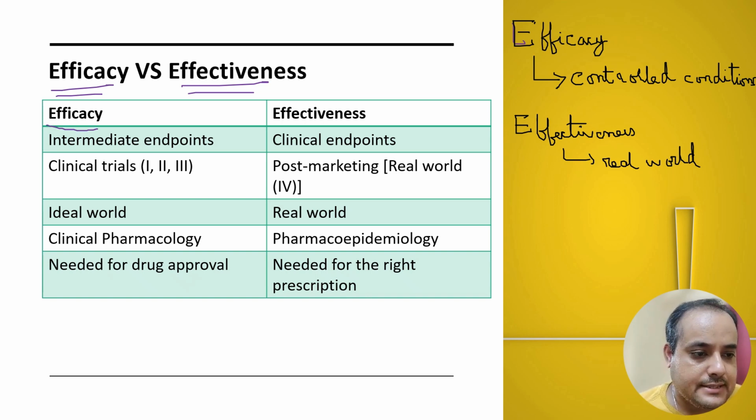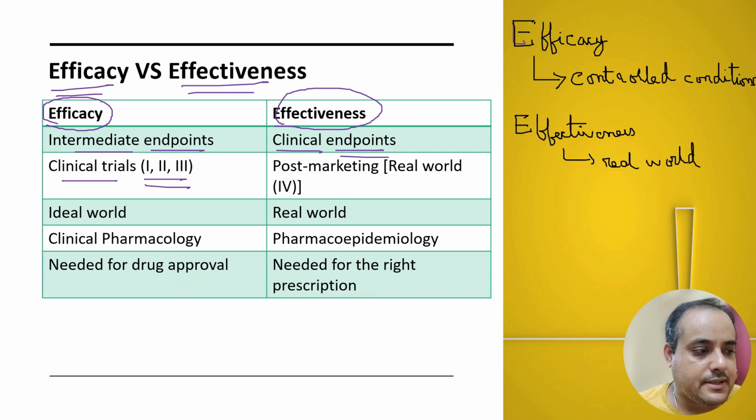So efficacy is based on the intermediate endpoints, the endpoints that we judge at the clinical trial level, whereas effectiveness is based on the hard clinical endpoints that we studied just now. Efficacy is judged from clinical trials, phase 1, 2 and 3.